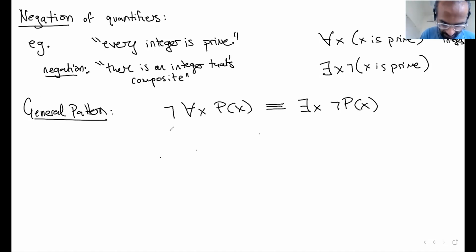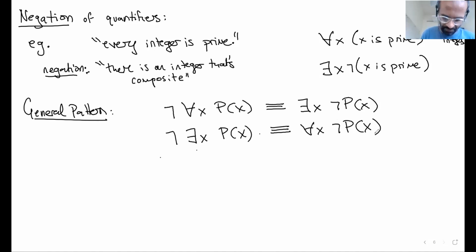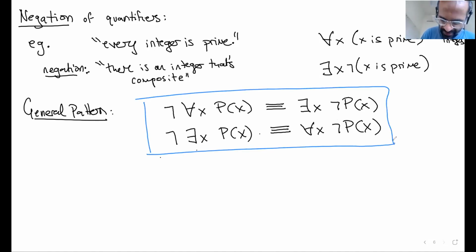And the negation of an existentially quantified statement is a universally quantified statement. Okay, so this is an important logical maneuver that occurs a lot.